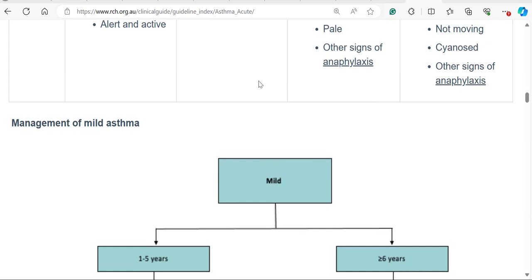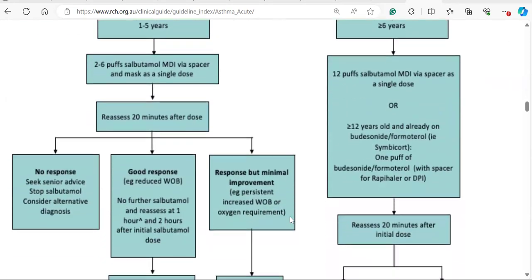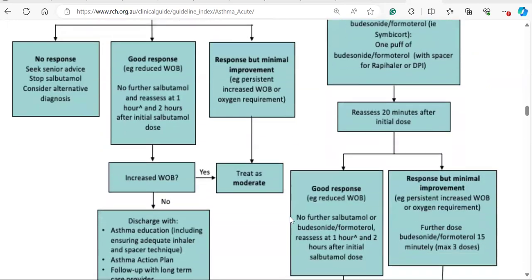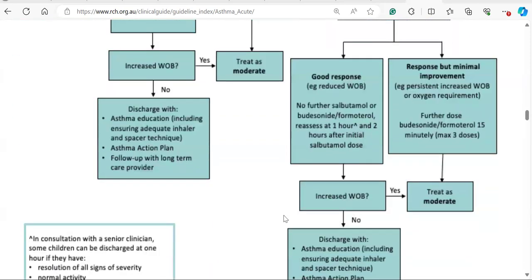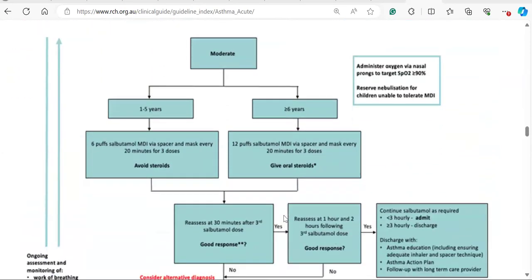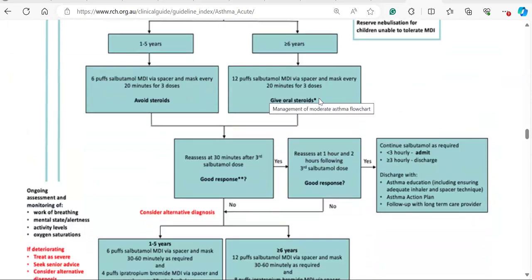It is not always that nebulized salbutamol means it is life-threatening. We can give either inhaler or nebulized in any form of asthma attack. Doesn't matter. So this is what you should follow.